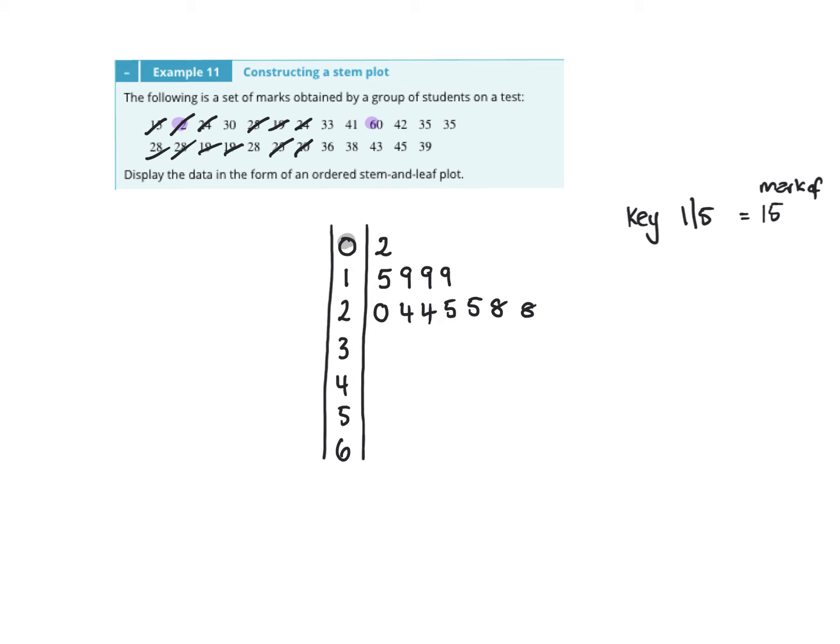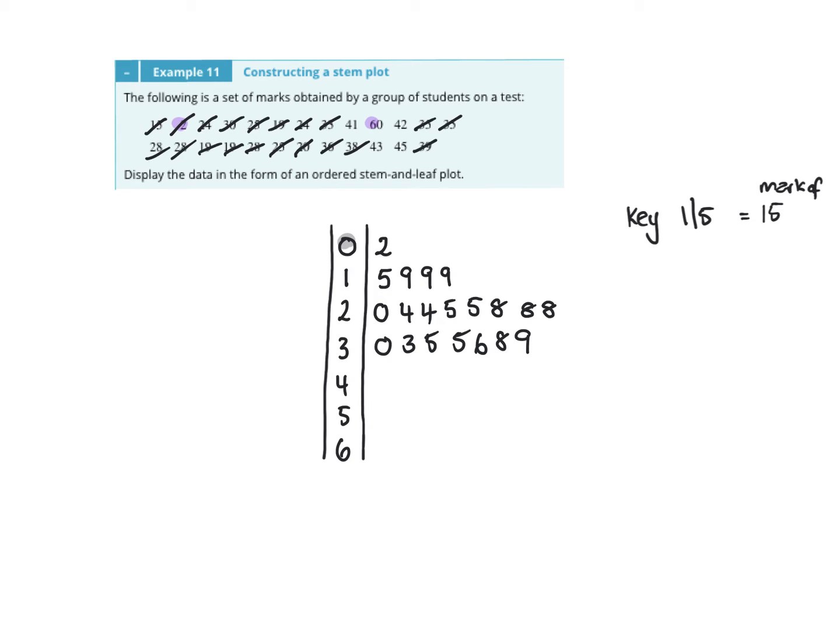Then I'm up to the 30s, and my lowest 30 is a 30, and another 30, good. Then 33, 35, another 35, a 36, a 38, and a 39.